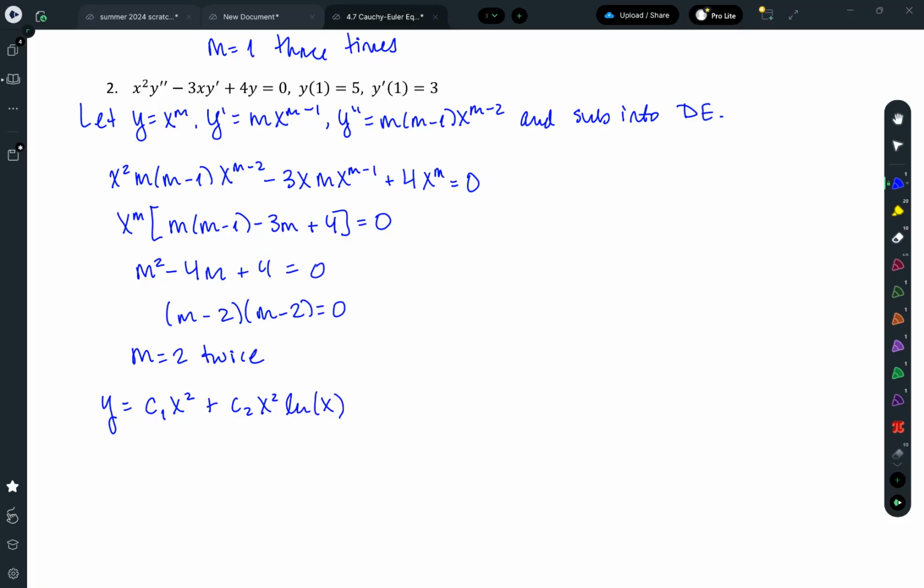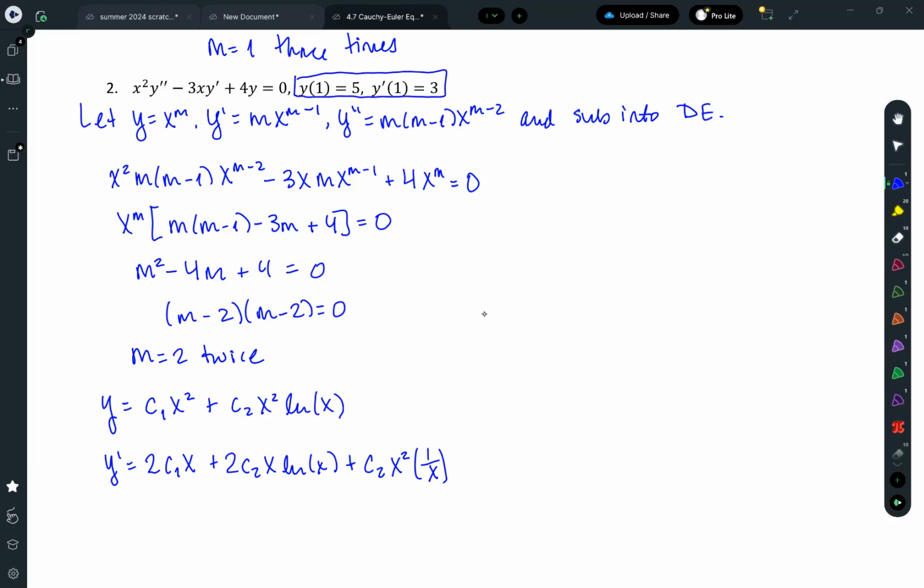Okay, now we need to apply the initial conditions. We have what y is, we need y prime. y prime would be 2c1x plus 2c2x ln of x plus c2 x squared times 1 over x. Okay, and I'm not going to bother to simplify that because I'm just going to plug in 1 from my initial conditions that are up here.